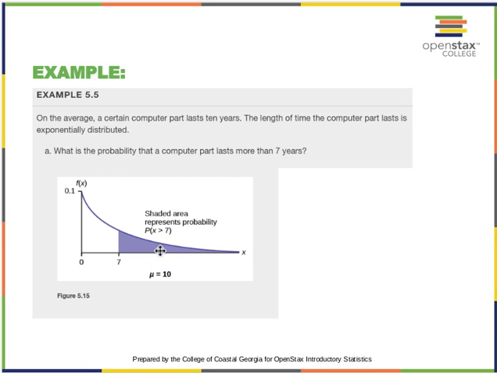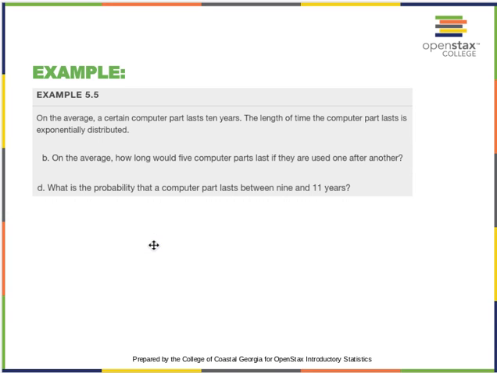Like I said, I'm not going to ask you for that number, more just ask you how you get it, what's the range, what's the area that you should know, and setting it up. Next question: on average, a certain computer part lasts 10 years. How long would 5 computer parts last if they are used one after another? We do not know the answer, but it's asking what we expect, right?